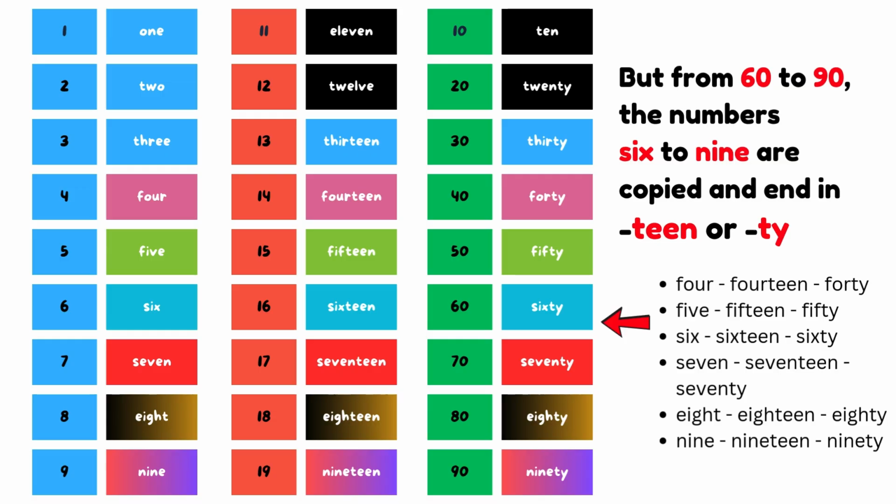But from 60 to 90, the numbers 6 to 9 are just copied and end in teen or ty. So, for example, you have 4, 14, 40, 5, 15, 50, 6, 16, 60, 7, 17, 70, 8, 18, 80, 9, 19, 90.